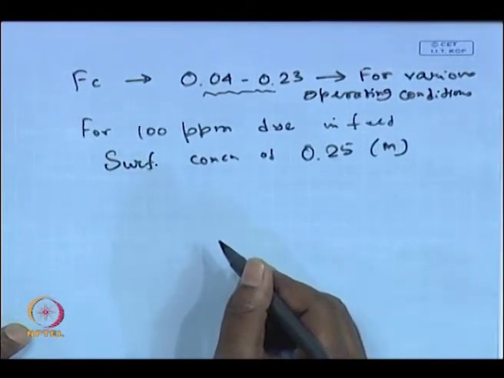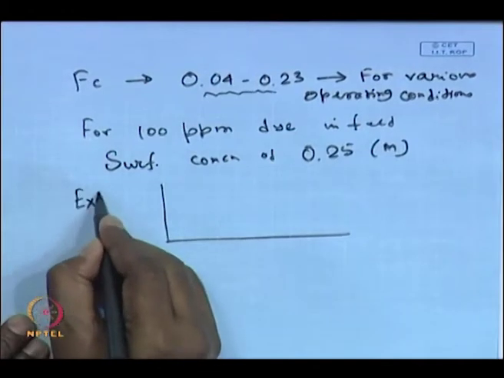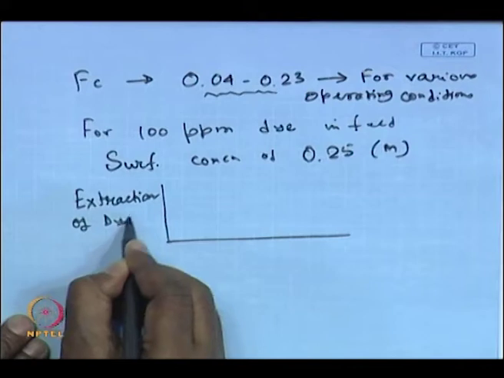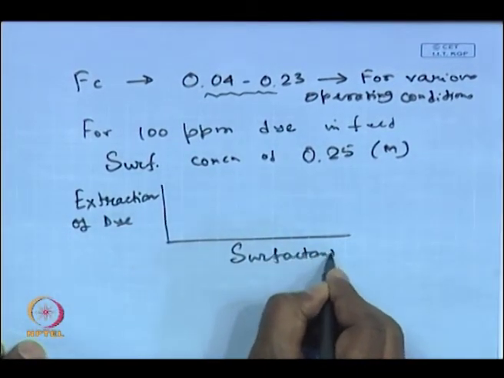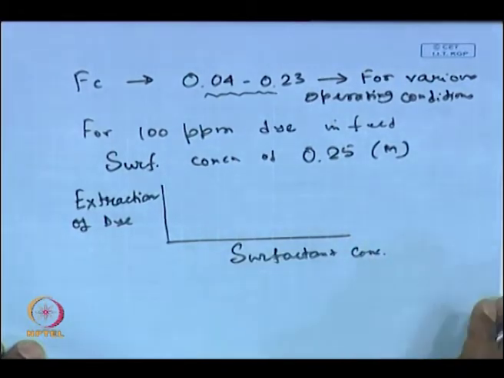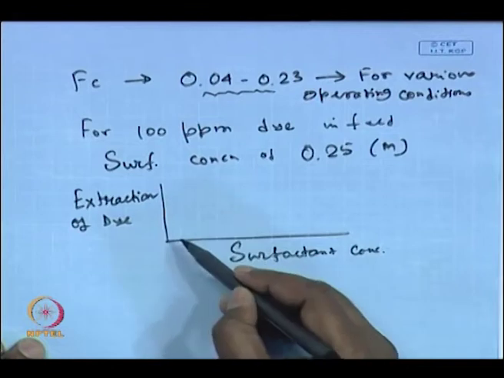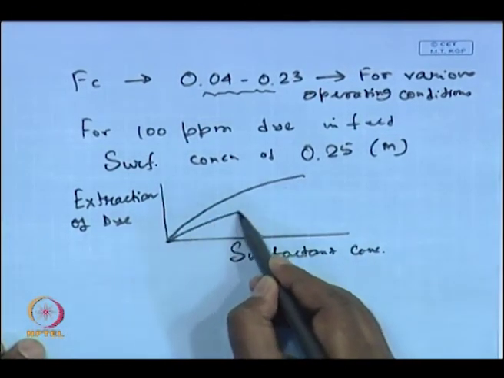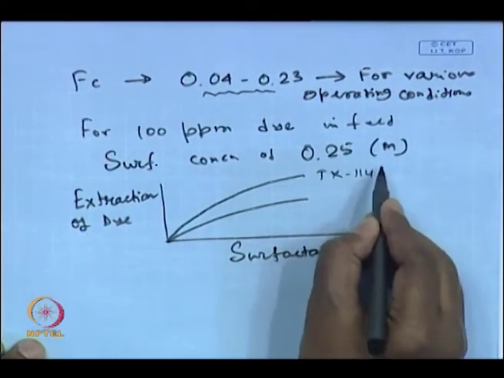If you plot the extraction of dye in percentage as a function of surfactant concentration, as you increase the surfactant concentration, the extraction will be more. So, you are going to get a curve something like this. The efficiency of TX 114 is much higher.